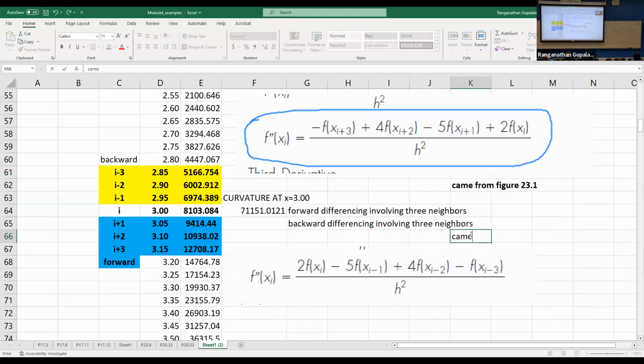So this came from figure 23.2. So that will be 2 times the value at I minus 5 times the value at I minus 1 plus 4 times the value at I minus 2 minus the value at I minus 3 divided by h squared.